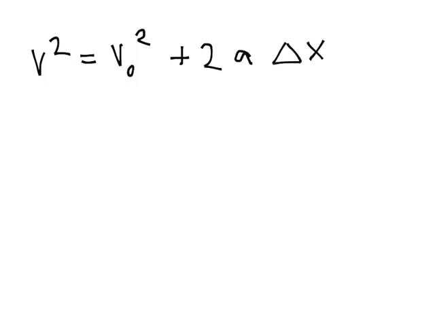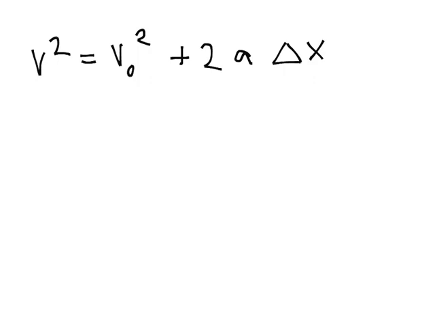Alright, so the second kinematics equation is going to be, in black, v squared equals v naught squared plus 2a delta x.